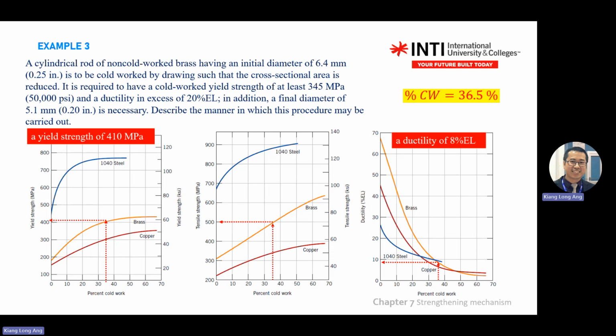Initial, final. Okay, initial, final. So it's actually the same. So you have one unknown here. Then you have this one: the customer wants final 5.1.